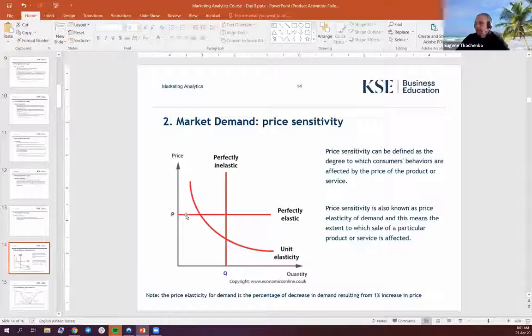So perfect elasticity means that regardless of the price we will be charging, the price will be stable and the consumption will just be increasing. So basically, regardless of the number of units we want to sell, the price will always remain the same.